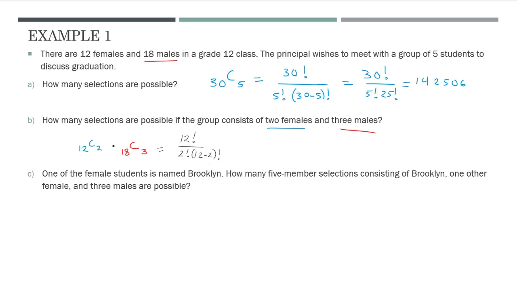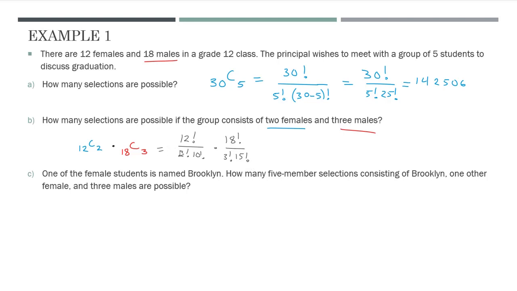Just to save some time, we can do that in our heads. 12 minus 2 is 10. Just checking, does the denominator match the numerator? Yep, perfect. And then our second combination is 18 factorial over 3 factorial, and 18 minus 3 is 15. And there you go.